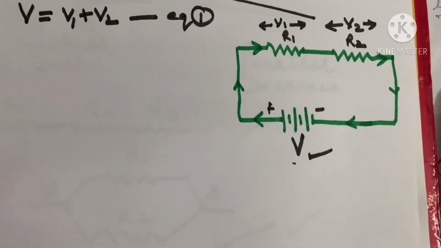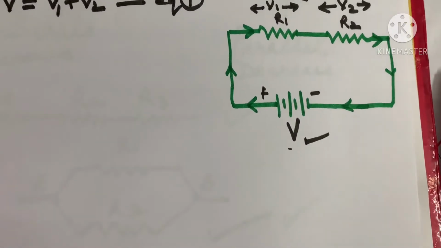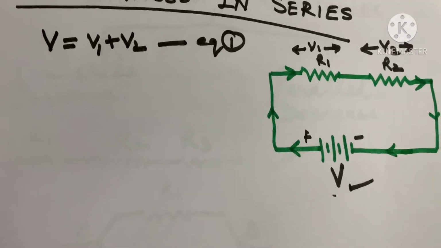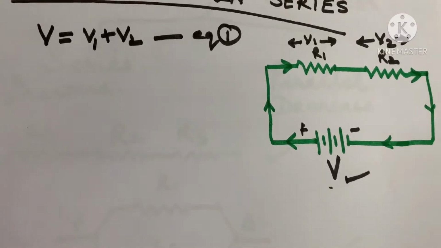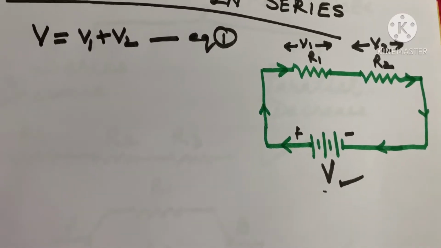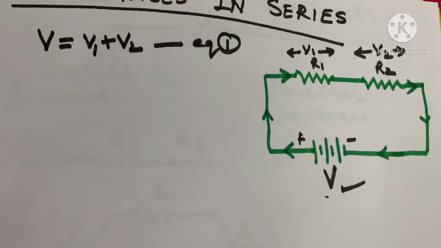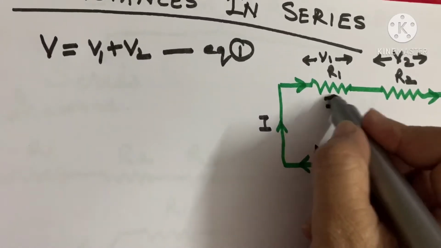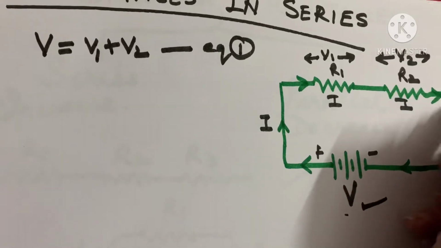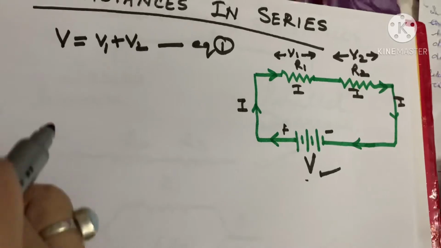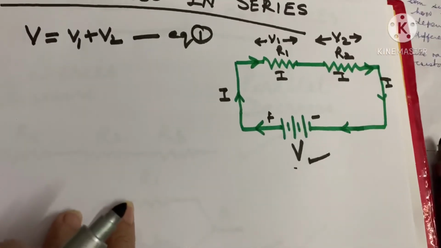The second important point which you need to remember is that when a number of resistances are connected in series, the same current flows through each resistance. Same current, so I'll write I. Now we will apply Ohm's law.